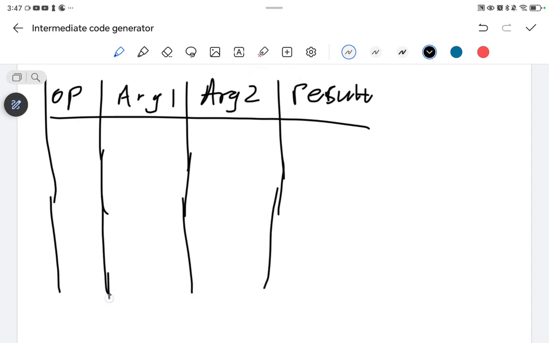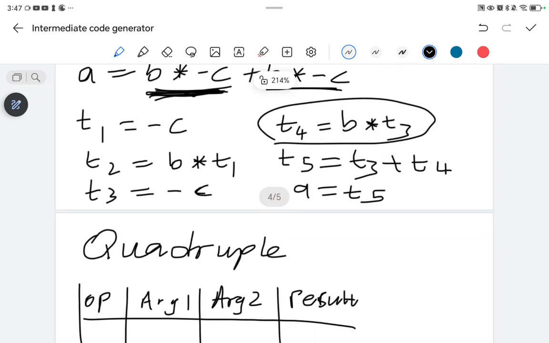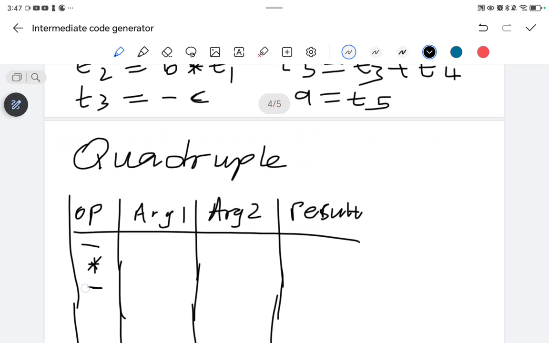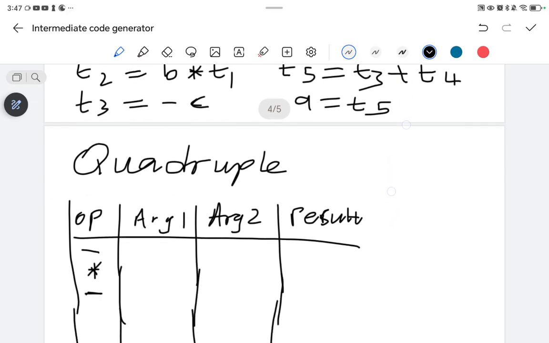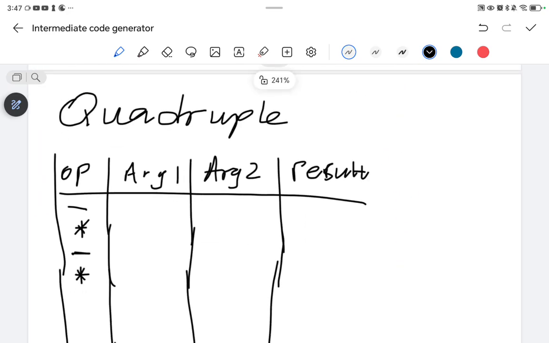I'll show you how easy this is. So first we start with T1. T1, the operand is negative. T2, the operand is times. T3, the operand is negative. T4, the operand is times. T5, the operand is plus.